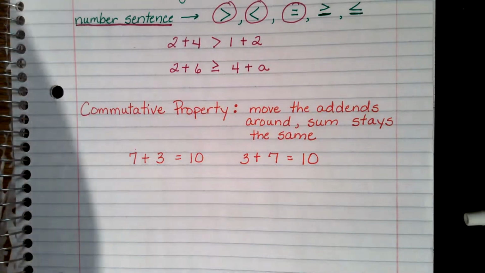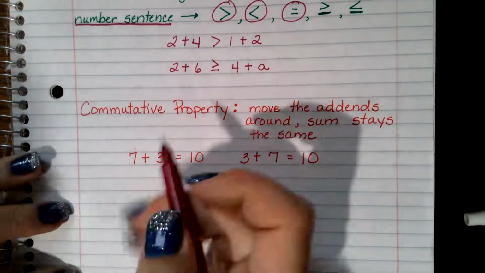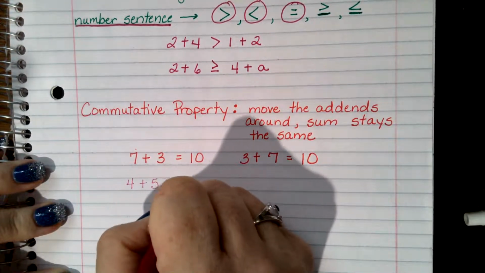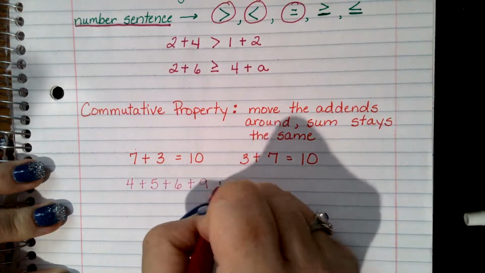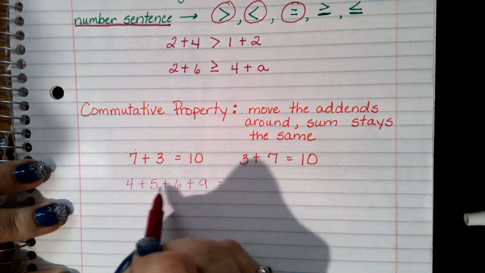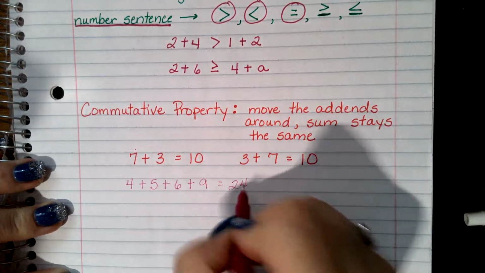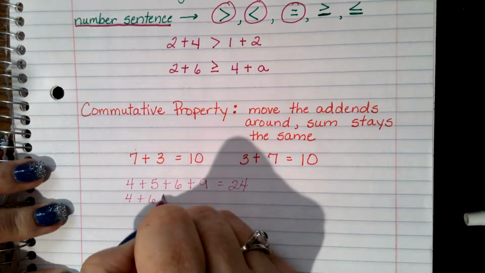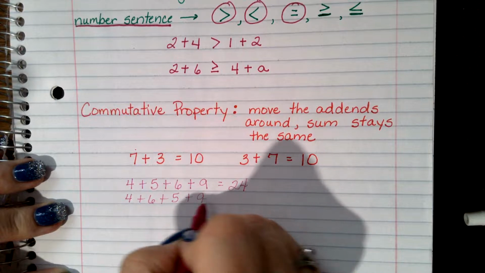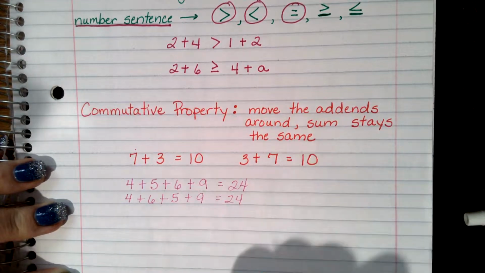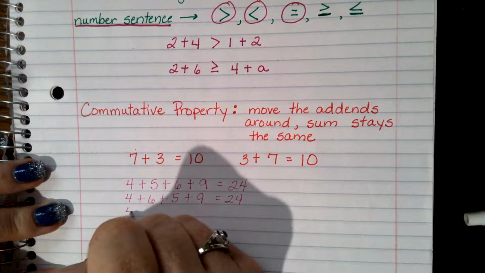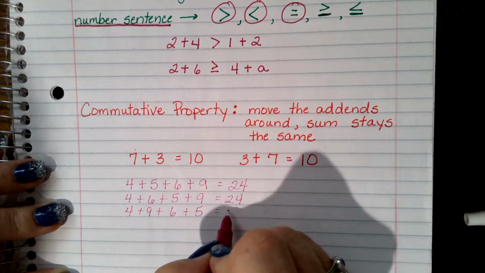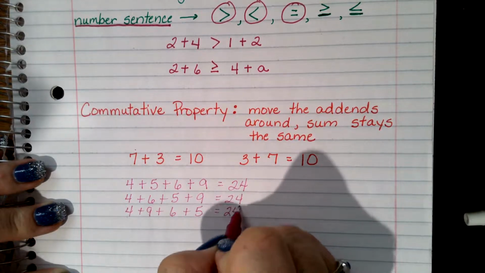Again, if we want to deal with larger quantities of addends, we could say 4 plus 5 plus 6 plus 9 equals, well, that's 10, 19, 24. We could say 4 plus 6 plus 5 plus 9 still equals 24. 4 plus 9 plus 6 plus 5 equals, you guessed it, 24.